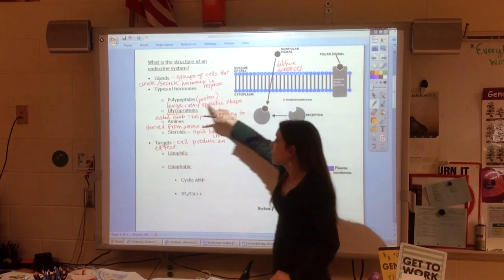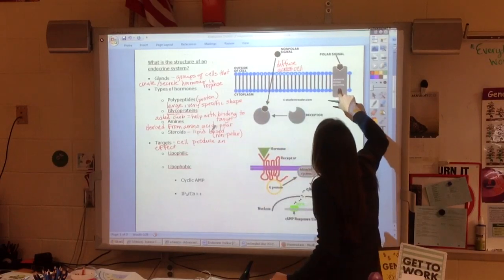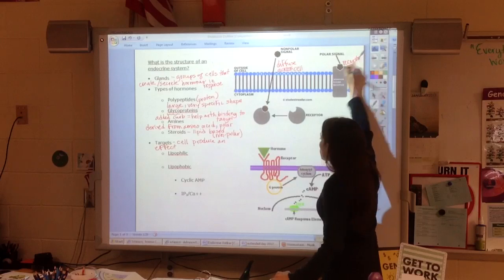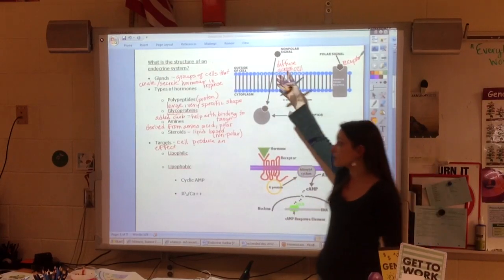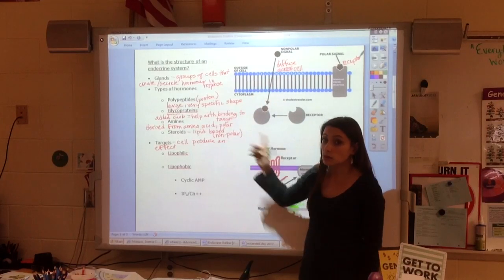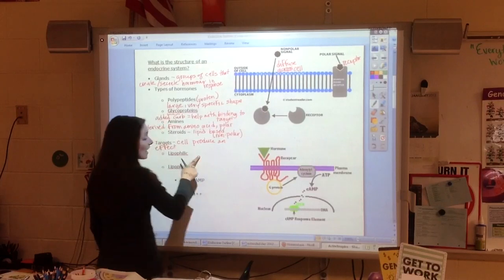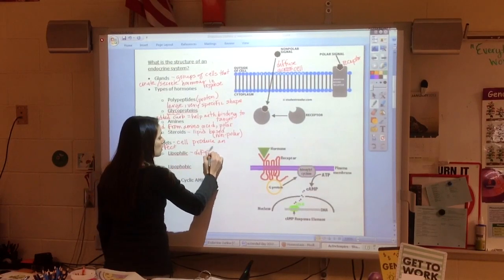Polar signals, your polypeptides, glycoproteins, and amines, are going to need to bind to a receptor. And that receptor is what's going to have an effect on the inside. So once the signal reaches its target cell, it will do one of two things. If it's lipophilic, if it likes lipids, it is going to diffuse across the membrane.